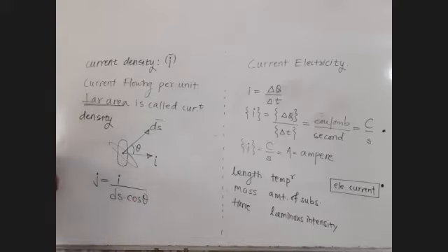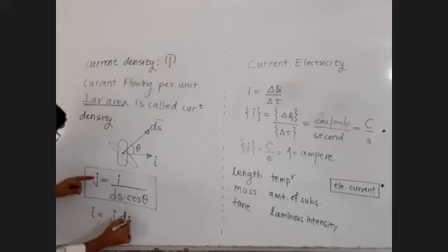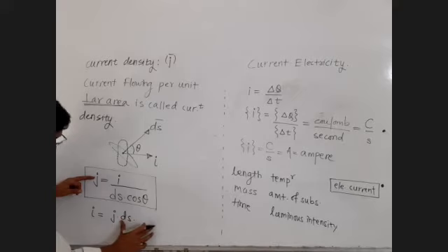And that's the definition of current density. If you want, you can write the current also now. Current through a given area is equal to J into ds, that is, current per unit area into area.